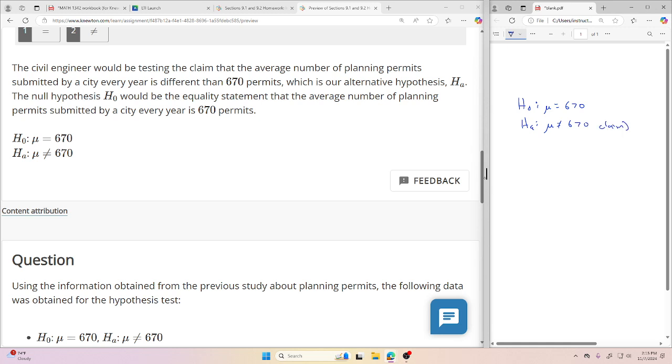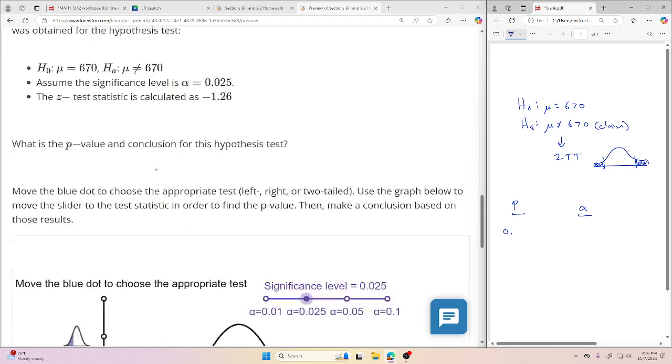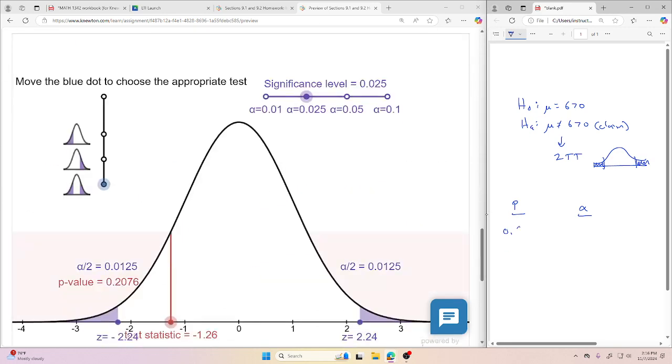That was my claim. This is a two-tail test. Again, if they ask, what does it look like? Good thing I've been drawing that every time because they did ask, kind of. Then we have a p-value and an alpha. My p-value was that 220 something right there, and alpha was the 0.025. Chomp chomp, the bigger one.